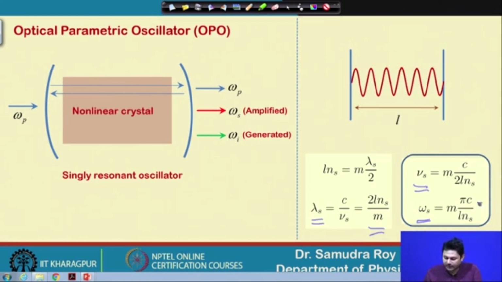So, the angular frequency omega s is pi c divided by L n_s, multiplied by m, and these are the corresponding modes that we have inside this system. So, these are the modes that are going to oscillate inside this system.